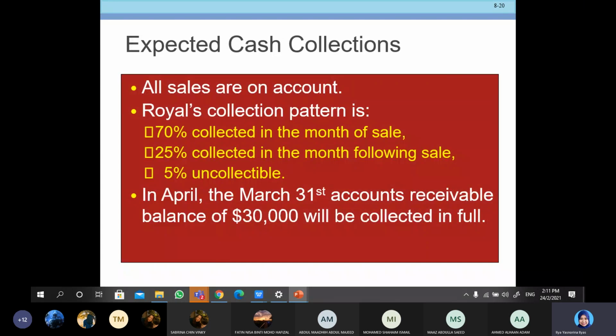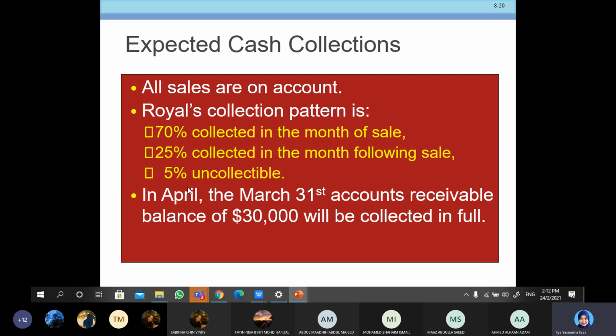So, we continue with expected cash collection. We assume all sales are on account. The collection pattern is 70% collected in the month of sale. If the sale is in April, 70% is collected in April. 25% is collected in the month following the sale, which means in May we will collect another 25%, and 5% is uncollectible.